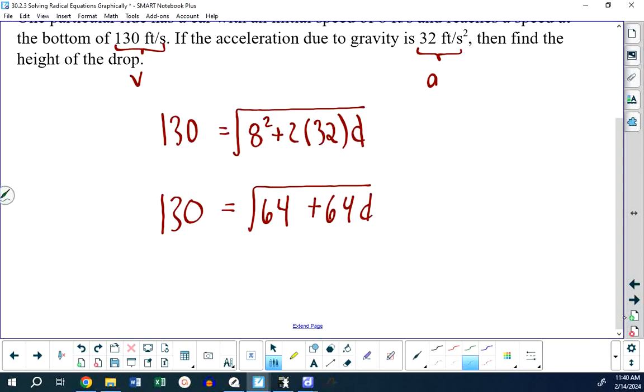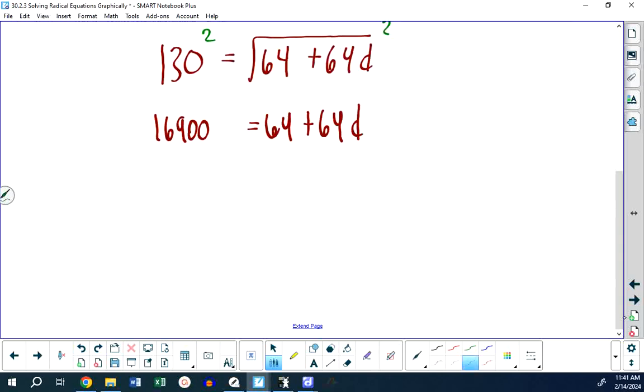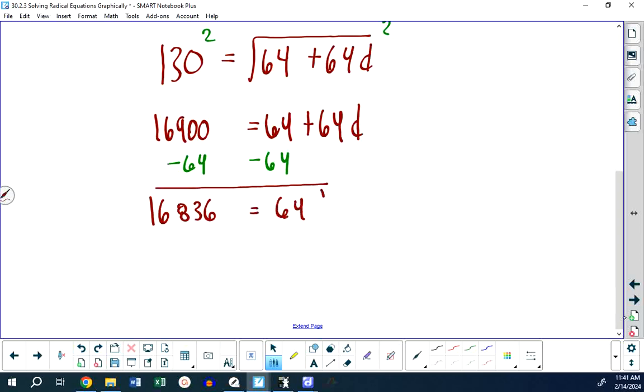So when I square both sides, I get, and you'll have to check my mental math here, 16,900 equals 64 plus 64d. Good, thank you, Paige. I subtract 64 from both sides and get 16,836 equals 64d.